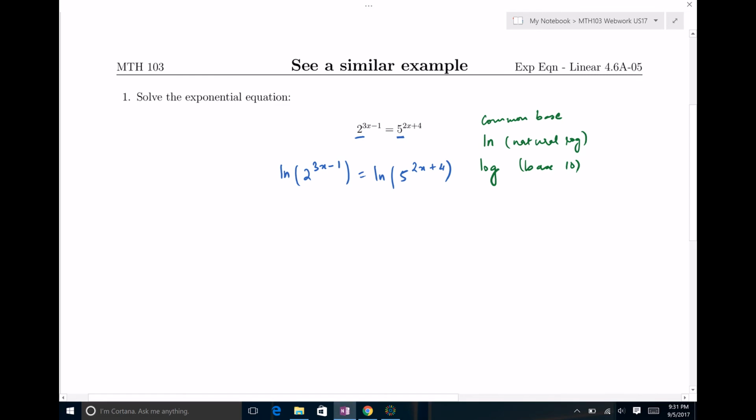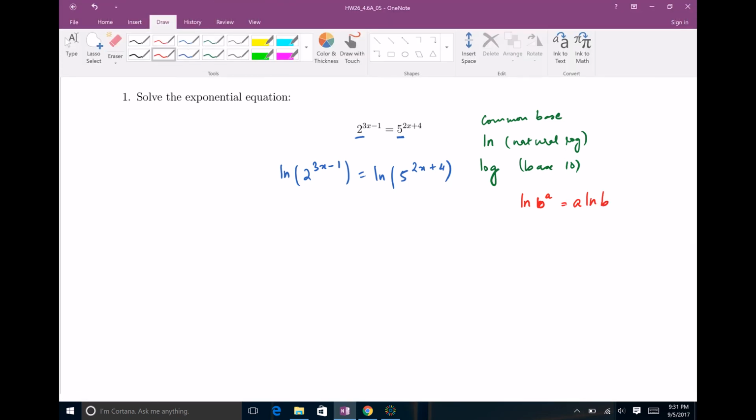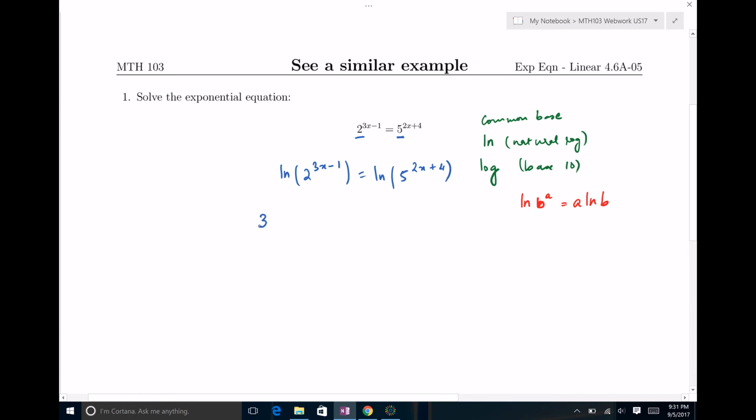Now remember, according to log rules, whenever you have natural log of b to some power a, by the power rule you can bring this a in front of the natural log and you get a natural log of b. So I'm going to apply this formula and I get 3x minus 1, the entire power comes down, times natural log of 2 equals 2x plus 4, the entire power comes forward, times the natural log of 5.